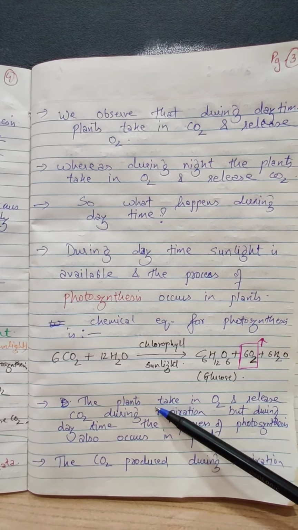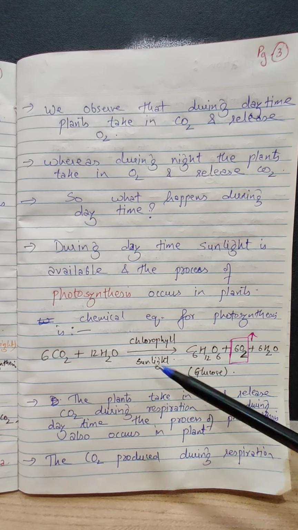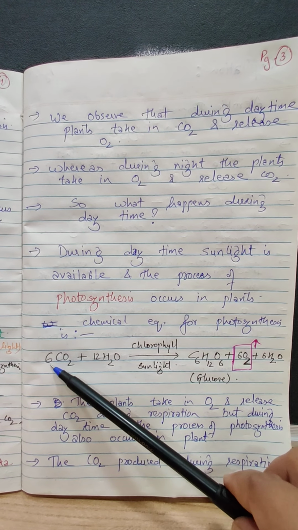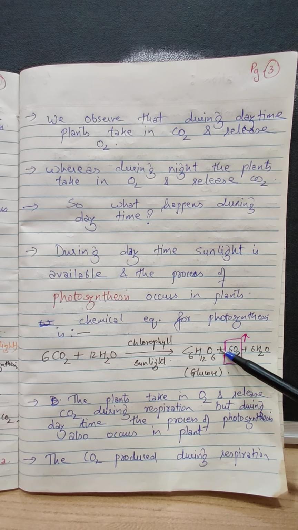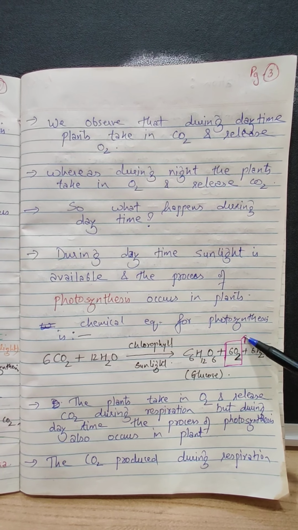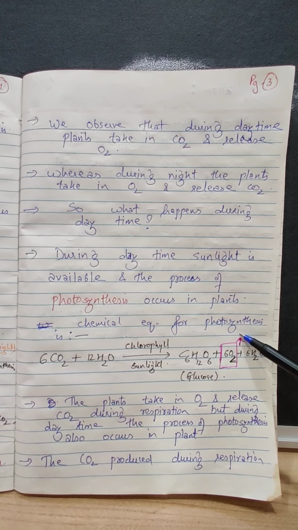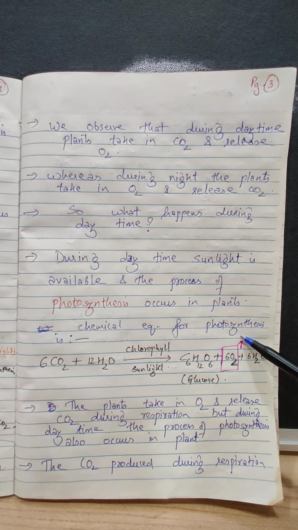But in daytime, the CO2 produced during respiration is utilized in photosynthesis, and the oxygen produced as a byproduct of photosynthesis is released into the environment, and hence we see that plants are releasing oxygen during daytime.